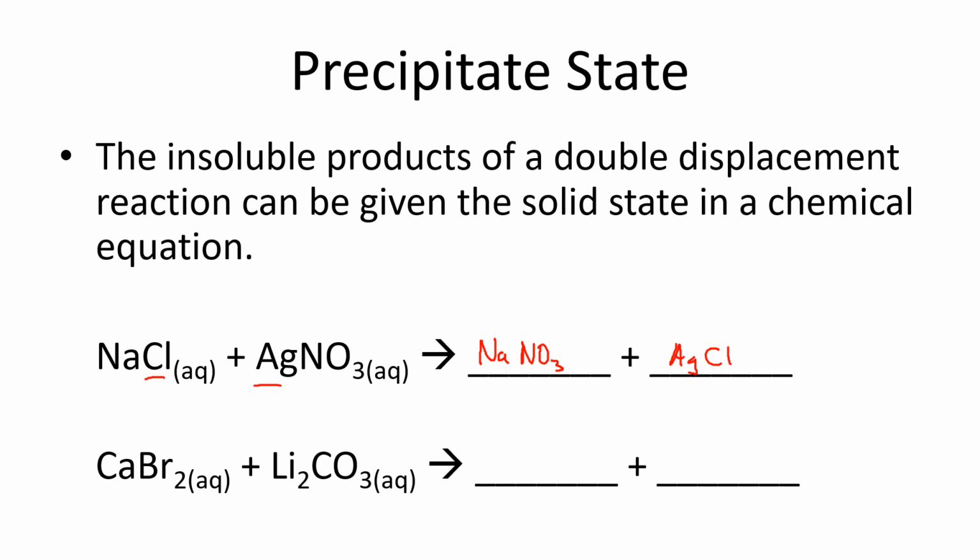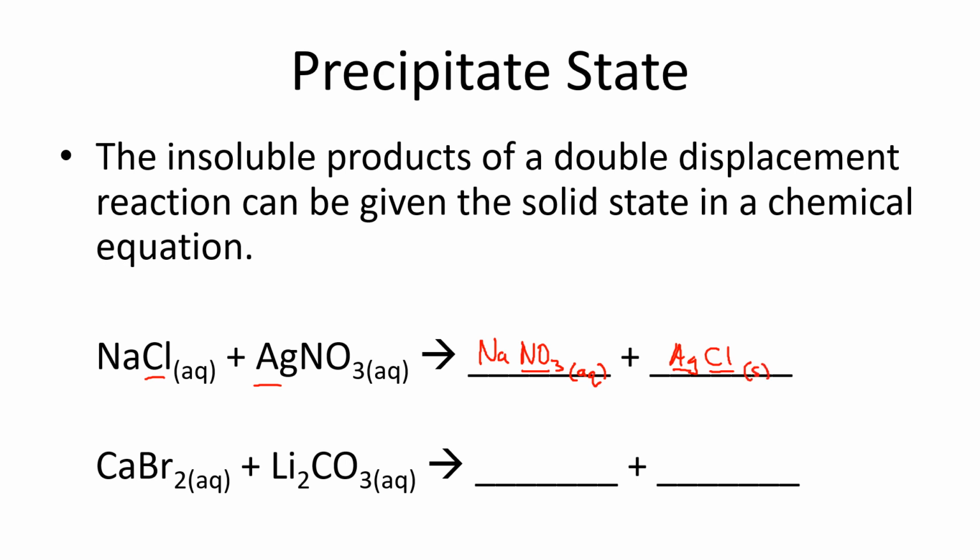Now, if you remember or you look back at your previous notes, you'll see that nitrates are always soluble, doesn't matter what they're with. So that'd be aq for that one. And chlorine, being a halogen, is usually soluble, but with silver it's an exception, which means it's insoluble, so this will have a solid state.